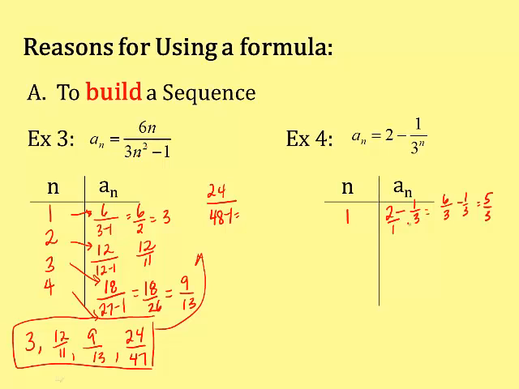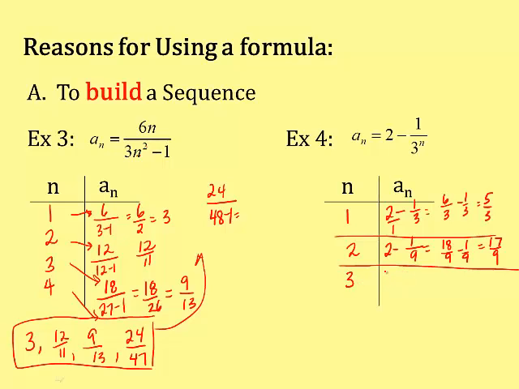Remember how to make common denominators. Multiply by your least common multiple. Okay, so that's term 1. Let's do term 2. 2 minus 1 over 3 squared, which is 9. Okay, so my common denominator is 9 now, so it's 18 ninths minus 1 ninth equals 17 ninths.